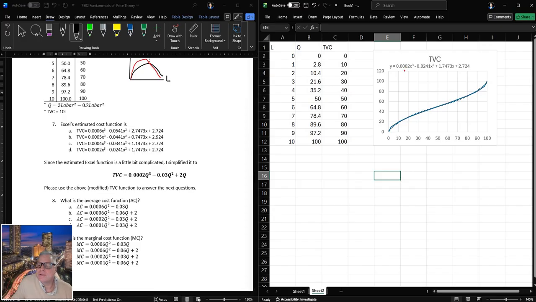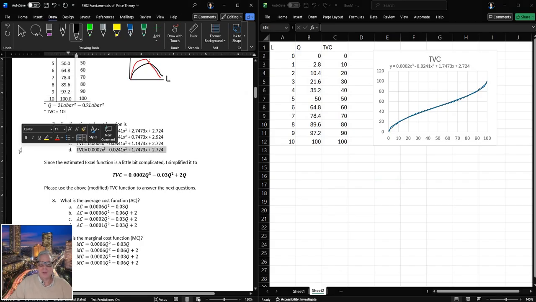Okay, so it is 0.0002x cubed minus 0.0241x squared plus 1.743x plus 2.724. So the correct answer is D. Yeah, that looks correct. Okay, so we could work now with this one. That would be actually a very good line of best fit, but it's a little bit complicated.